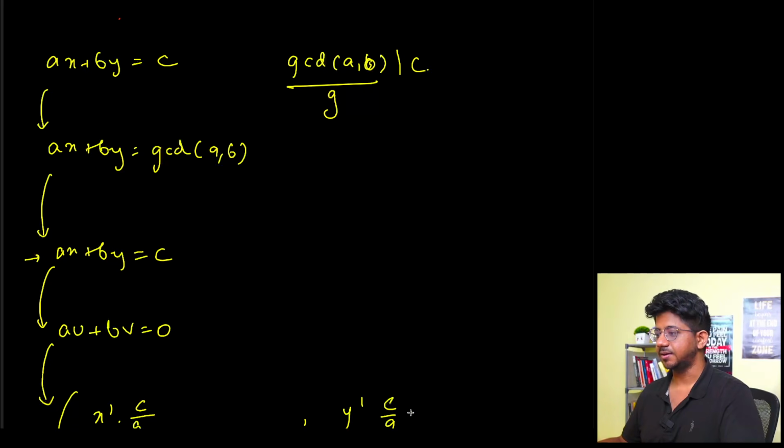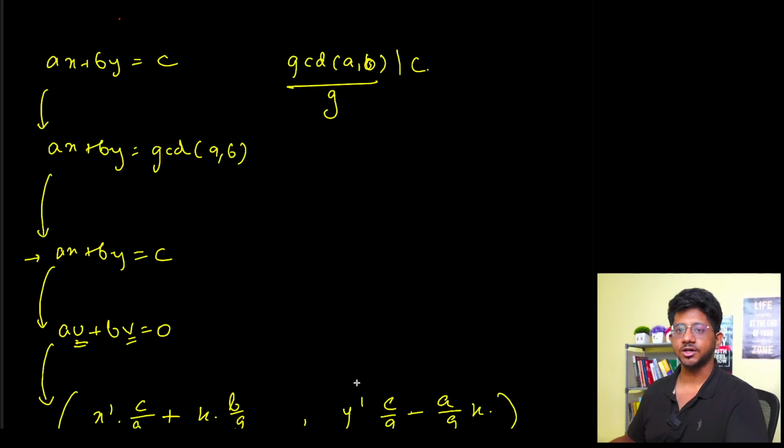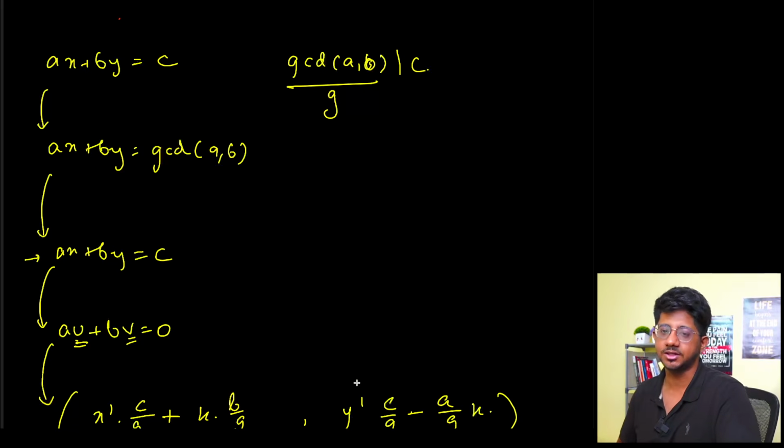And then you can do a plus and a minus on this side, and you will be able to solve the rest of the things. When you put this in u, it has to be k times b/g, and when you put it in v, it should be a/g times k. This is the general form of the solution for this linear Diophantine equation. So this is something you can remember. I generally suggest you know how this works, and then maybe remember it at times.